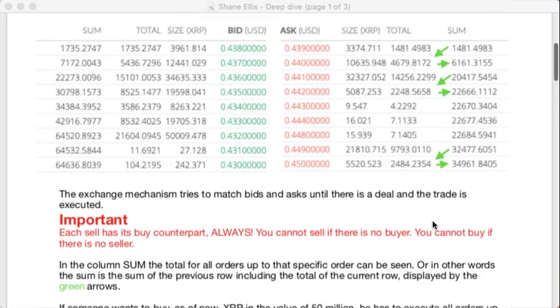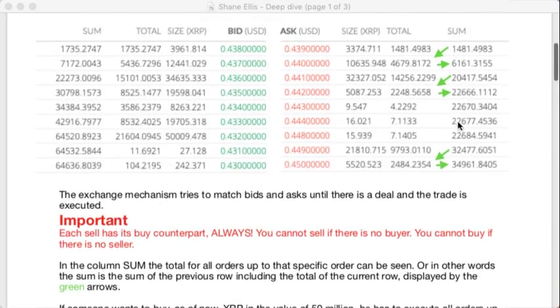In the sum column here, I try to illustrate with the arrows how the sum is calculated. On the first row, it's equal to the total. On the second row, the sum from the row before plus the total value of the current order gives the new sum.